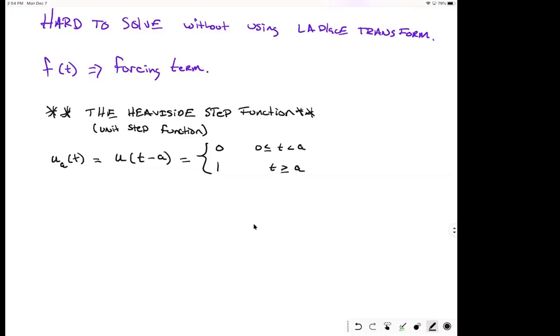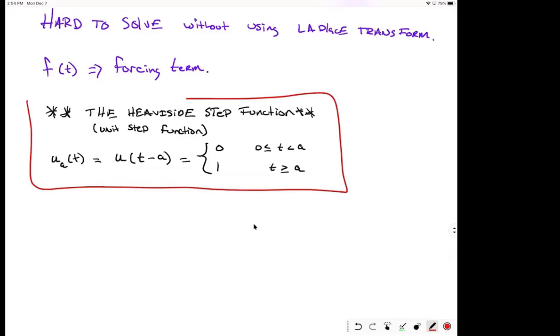And so this is the Heaviside definition of a Heaviside function.